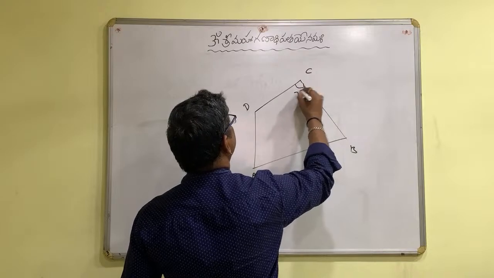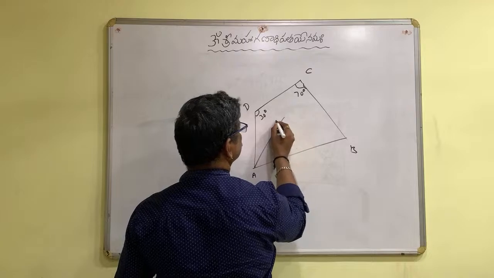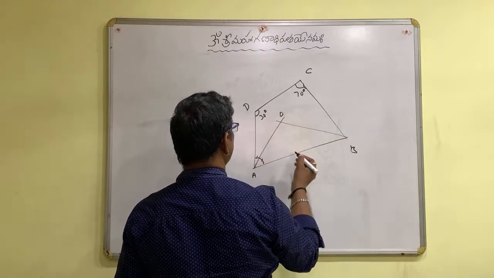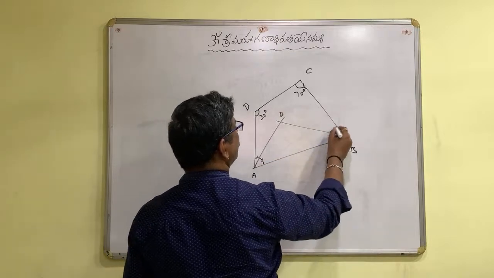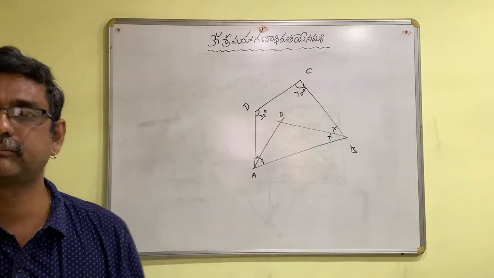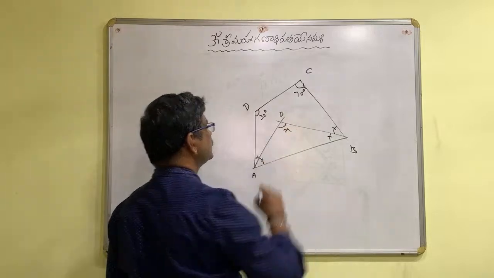This angle is 70 degrees and this angle is 30 degrees. OA is the bisector of angle A, OB is the bisector of angle B. He is asking to find out this angle.